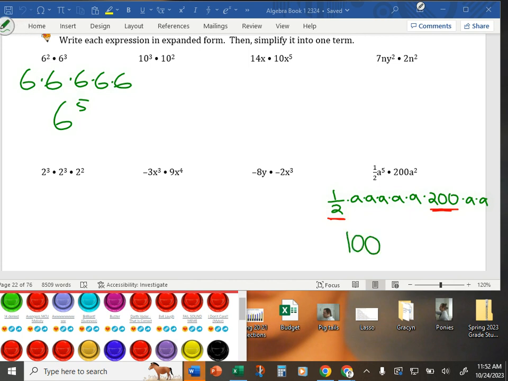How many a's do we have? Peyton, how many a's do we have up there? We have 7. How can we write 7 a's all being multiplied together? A to the 7th. So 100 a to the 7th would be your answer. You don't have to plug anything in to solve for it, right? We're not worried about that right now. All we want to do is focus on the simplifying, combining those like bases and combining the coefficients.